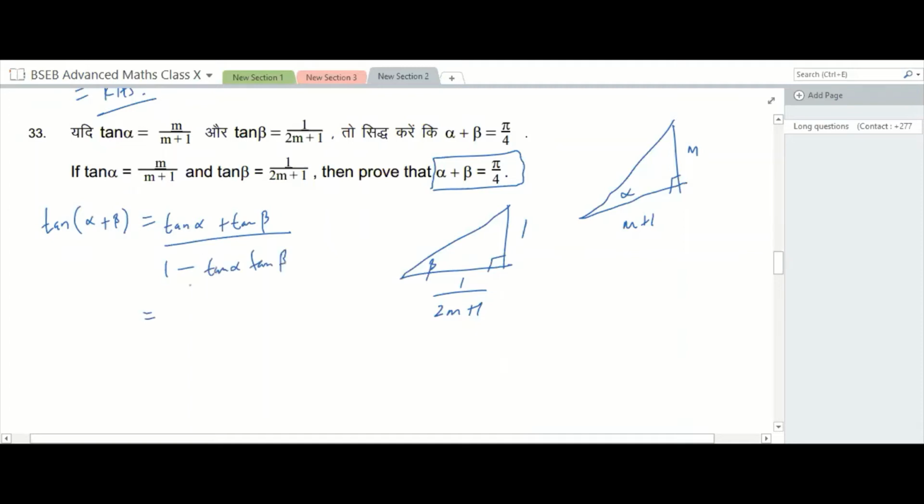Tan alpha is m over m plus 1 plus 1 over 2m plus 1 divided by 1 minus m over m plus 1 into 1 over 2m plus 1.